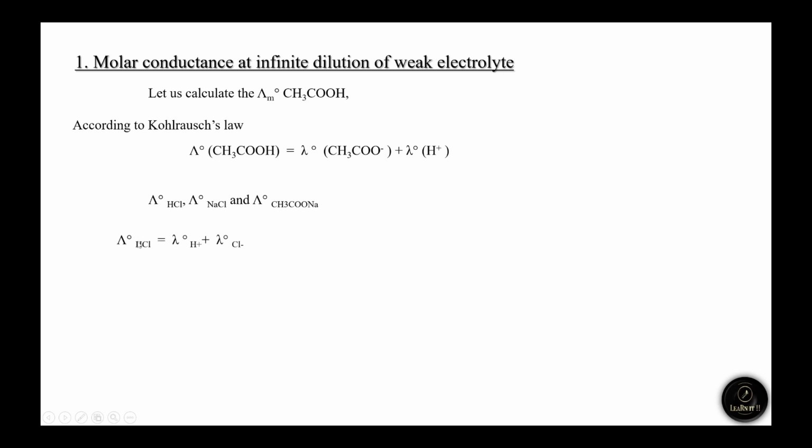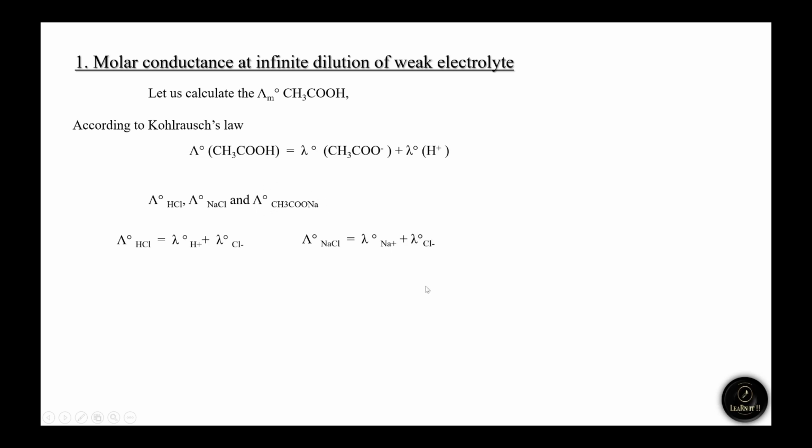So the molar conductance at infinite dilution of HCl is equal to the molar ionic conductance of H plus ion at infinite dilution plus the molar ionic conductance of Cl minus ion at infinite dilution. The molar conductance at infinite dilution of NaCl is equal to the molar ionic conductance of Na plus ion at infinite dilution plus the molar ionic conductance of Cl minus ion at infinite dilution.